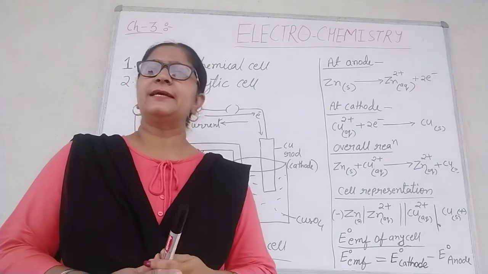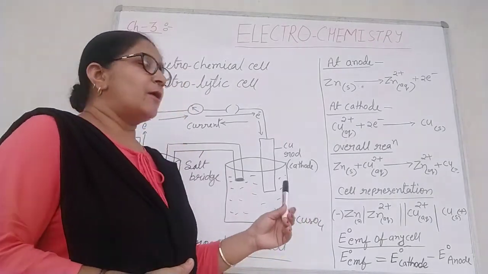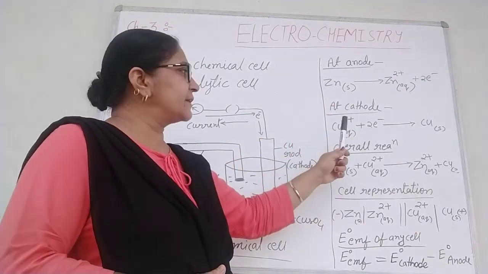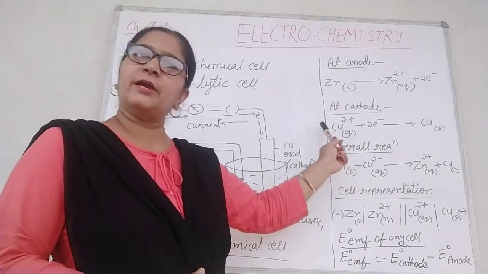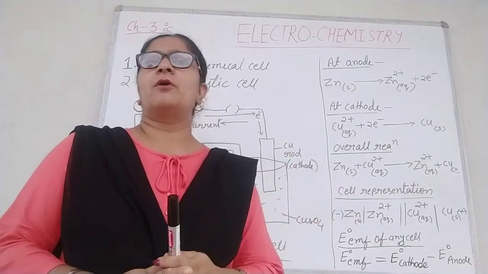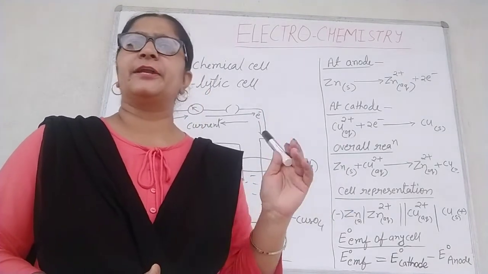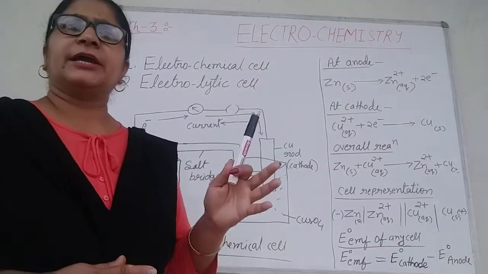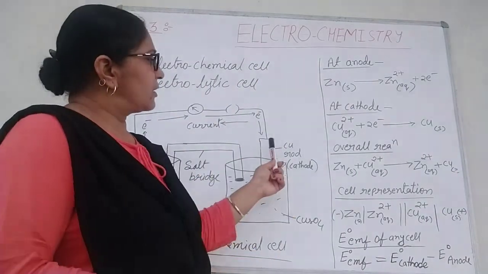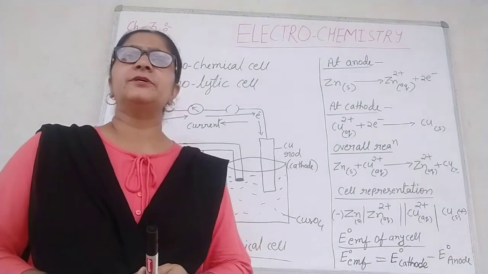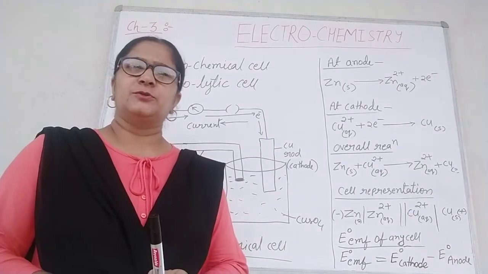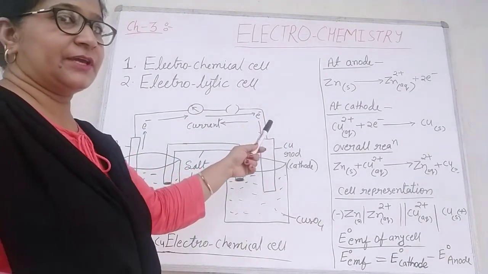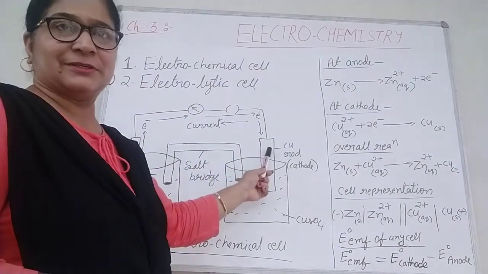So it is clear that due to oxidation reaction at anode and reduction reaction at cathode, zinc rod has developed negative polarity and copper rod has developed positive polarity. So a potential difference is developed between these two electrodes.